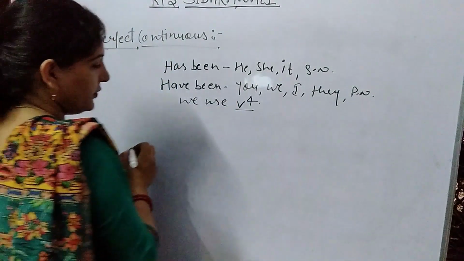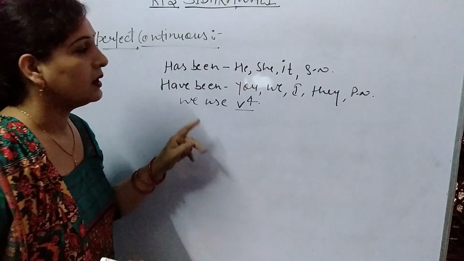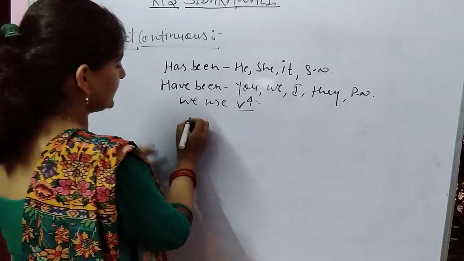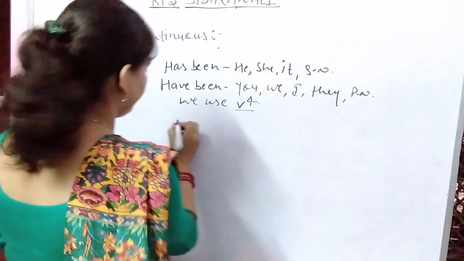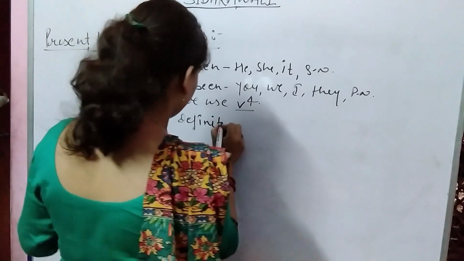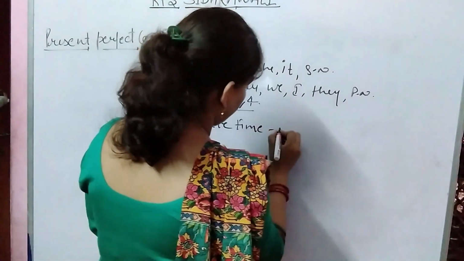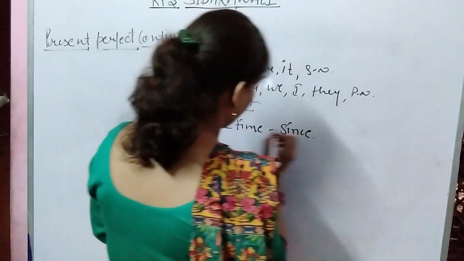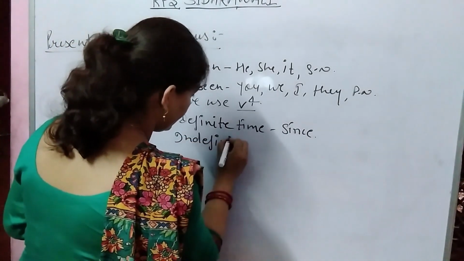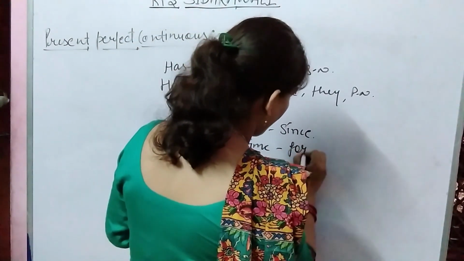And one thing, we use since and for, because time is given in these tenses. So we use since for definite time and for for indefinite time.